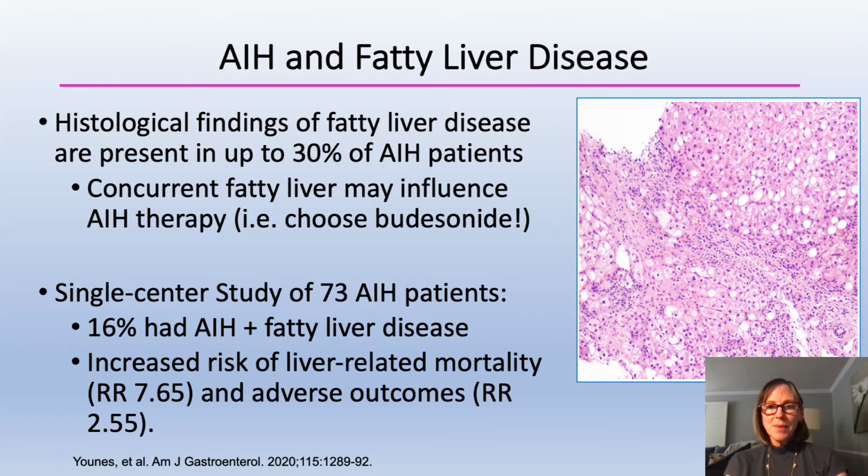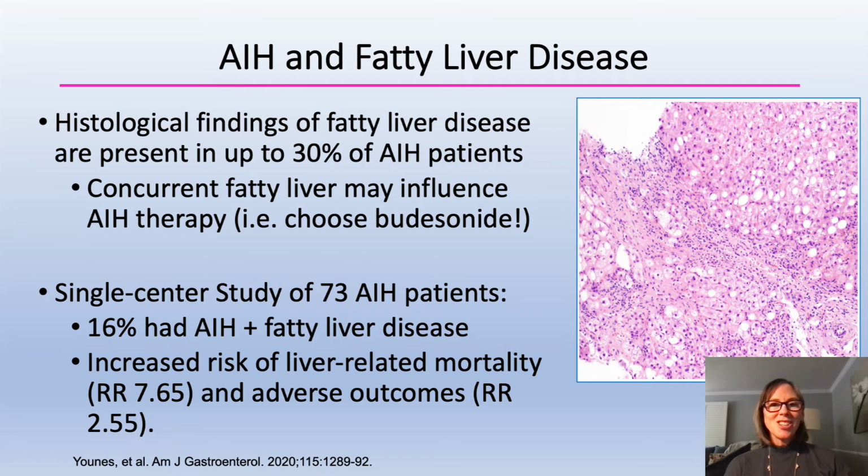At the time of diagnosis of autoimmune hepatitis, other liver diseases can occur, including fatty liver disease, and this would most commonly be seen in the patient who is overweight or obese. In one study, liver biopsy findings of fatty liver disease were present in up to 30% of autoimmune hepatitis patients.